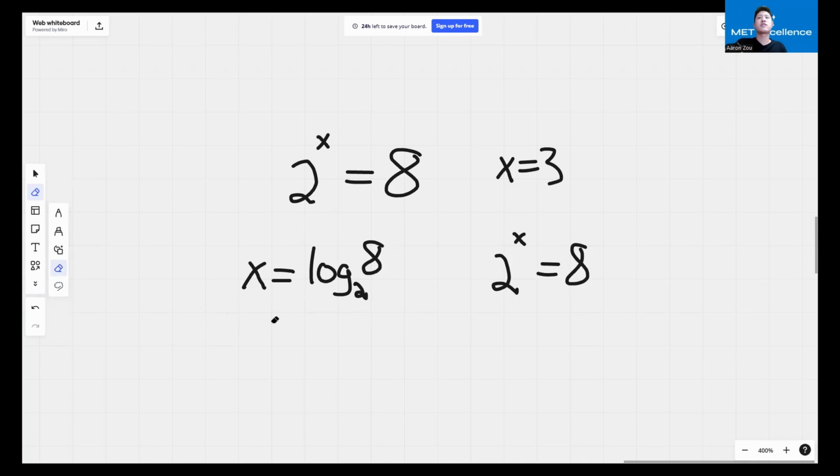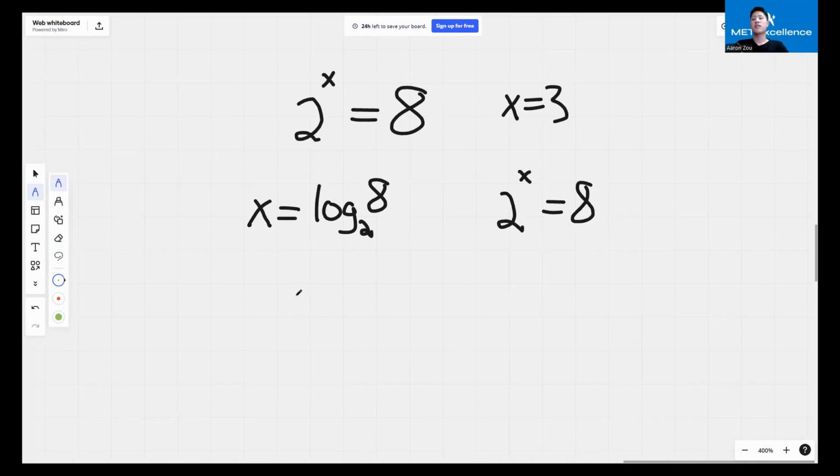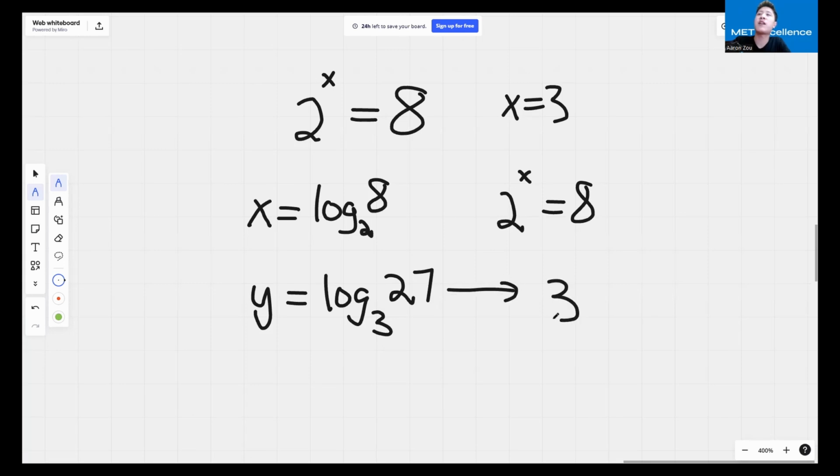All right, so now I'm going to give you a practice question. Let's say y is log base 3 of 27. What is y? And remember, this notation just means that I want you to find a y that when 3 is raised to the y power, we get 27.